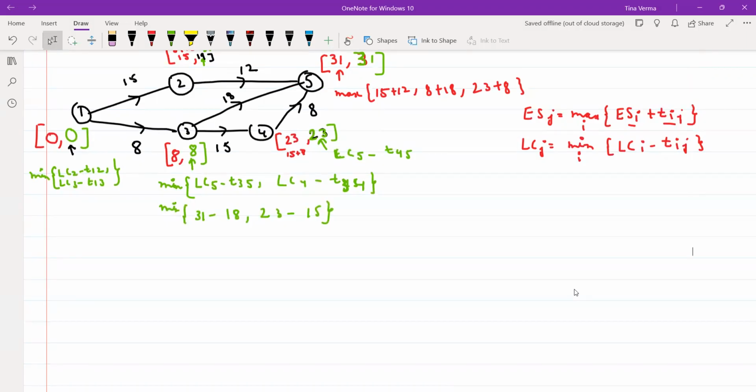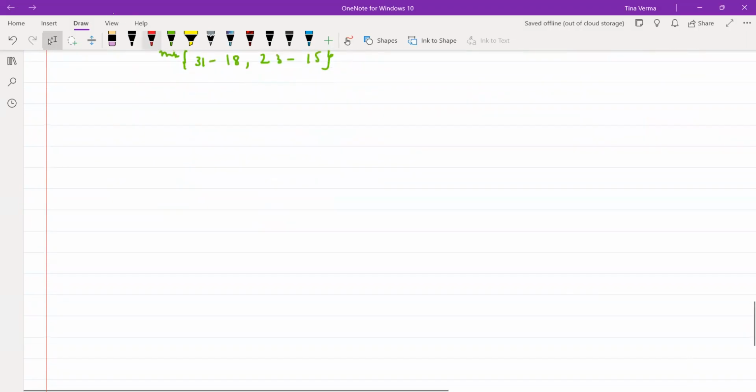For that, you need some definitions. So the first is critical activity. I will discuss one example and discuss all the cases in the same example, right? And in that example, you all need this definition. Once you understand this definition, then it will be more clear.